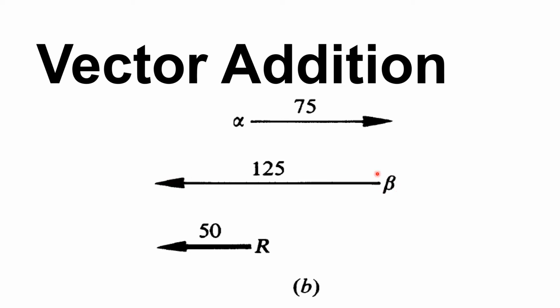Since vector beta has a larger magnitude, that's 125 minus 75, which is equal to 50. And for the direction, we follow the direction of the vector with the greater magnitude. Since vector beta is the greater vector in terms of magnitude, its direction is westbound. So the resultant vector has a magnitude of 50 and a direction of west.